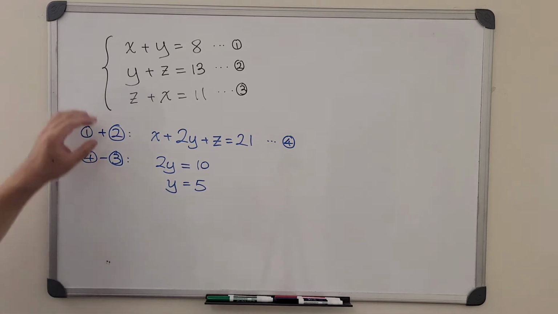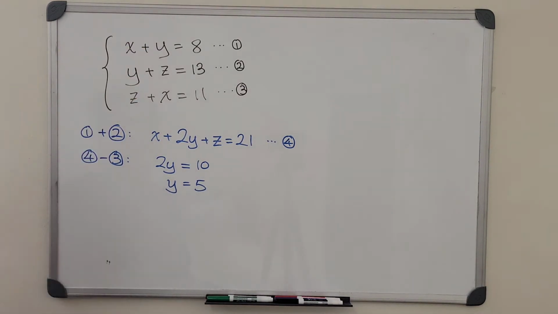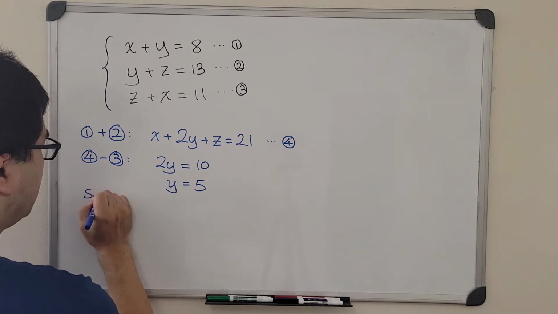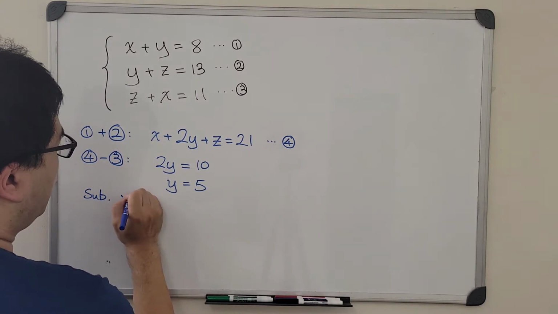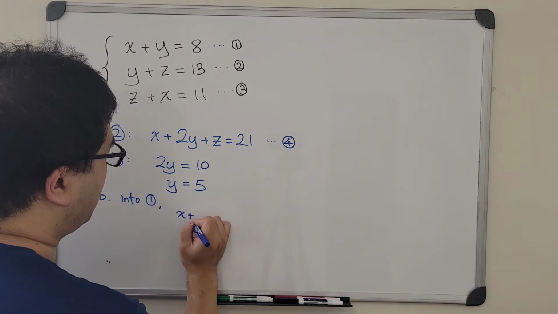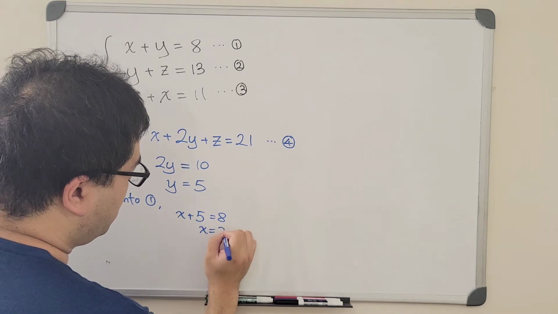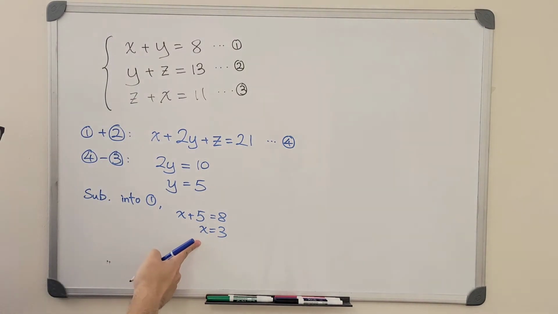Now, since we already got the value of one of the variables, we can just substitute back into the first 2 equations that we started off with and get the values of the remaining variables. So if we substitute into our first equation, we now get x plus 5 equals 8, which yields x equals 3.